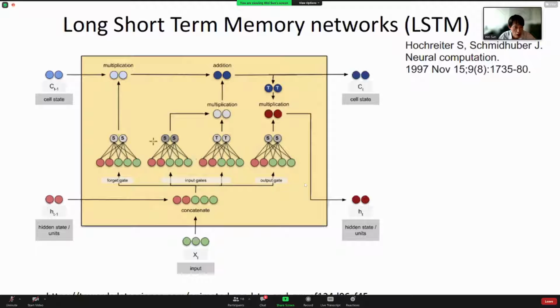You just need to know they modify the cell state. You forget something, you add something, and you also combine the hidden state and the input to get a new hidden state. That's what a standard recurrent neural network does. So what LSTM basically adds is a cell state.